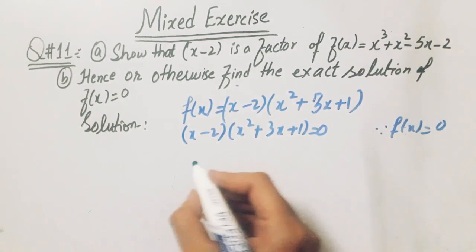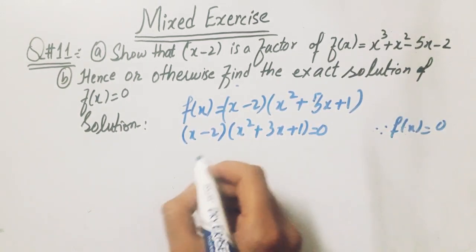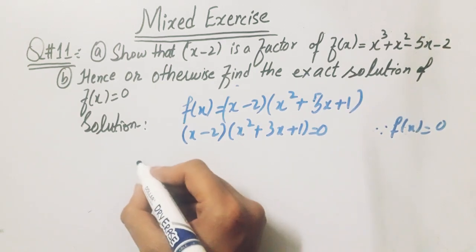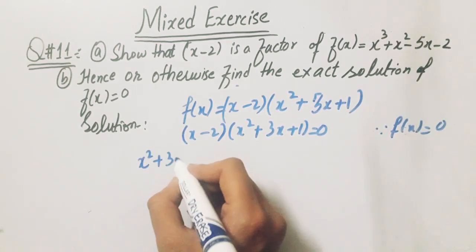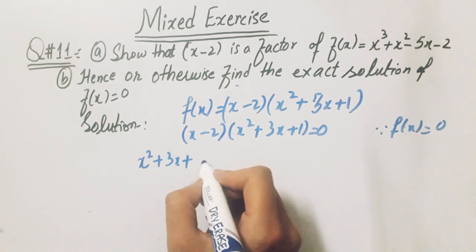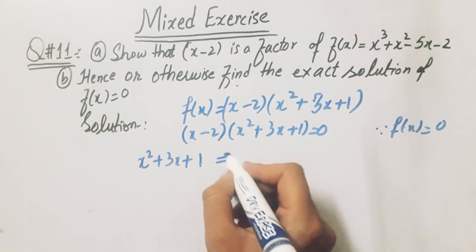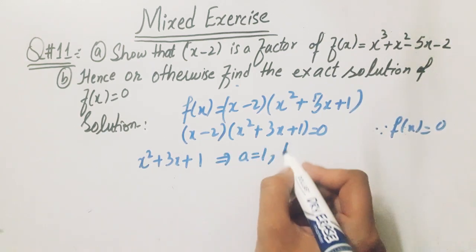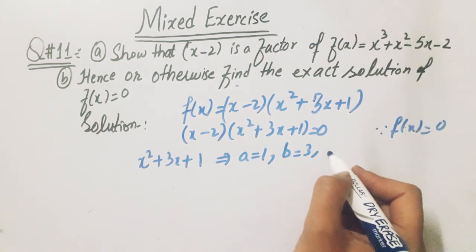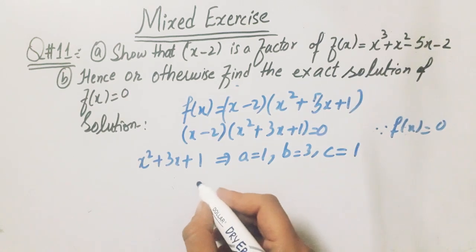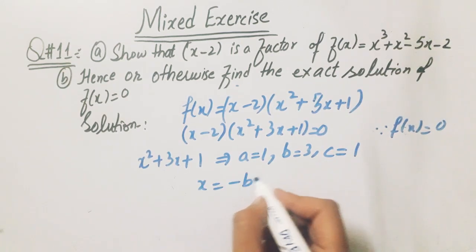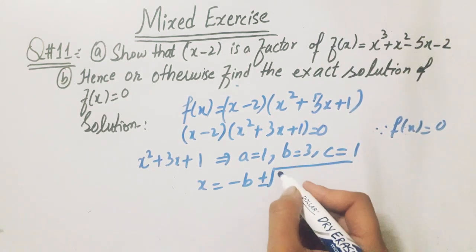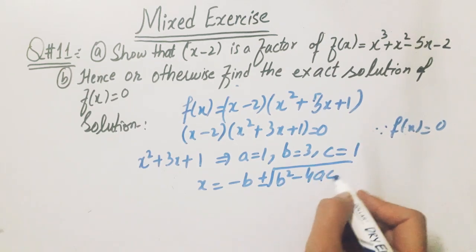Now we will apply the quadratic formula in this: x square plus 3x plus 1. Here a is equal to 1, b is equal to 3 and c is equal to 1. So x is equal to minus b plus minus square root of b square minus 4ac, by 2a.